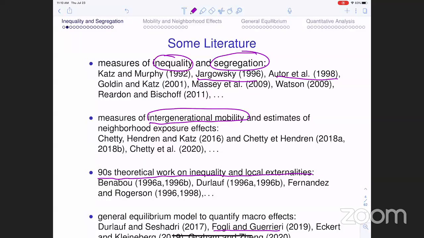For example, Fabinger and Kleinberg have a very nice paper where they do a structural estimation, Graham and Zhang as well, and Durlauf and Seshadri have a first paper also that thinks about making things a little bit more quantitative in the Macro Annual of 2017.